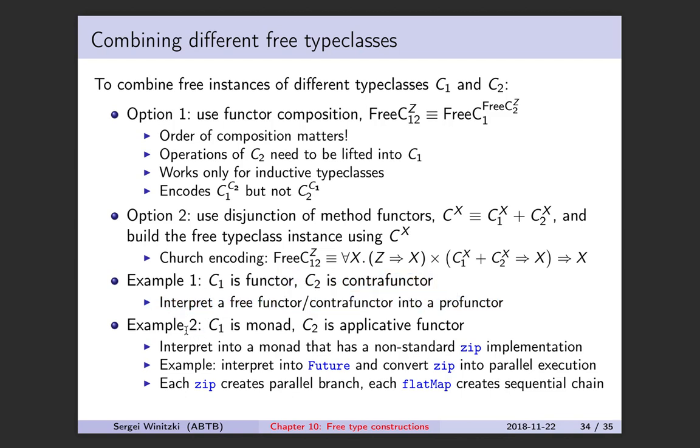And a better example is to combine monad and applicative. Now this is actually useful in practice, because monad and applicative encode slightly different kinds of effects. Monad encodes sequential effects. Applicative encodes effects that are partially parallel, so they're not necessarily completely independent, but the effect part can be run in parallel.